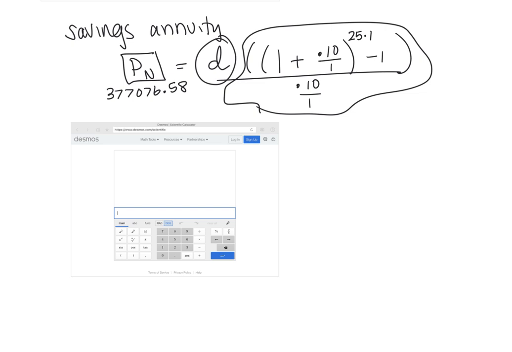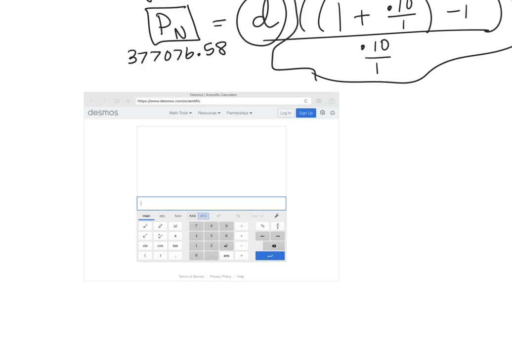So what we're going to enter into our calculator is 377,076.58, and we're going to push the divided by button.